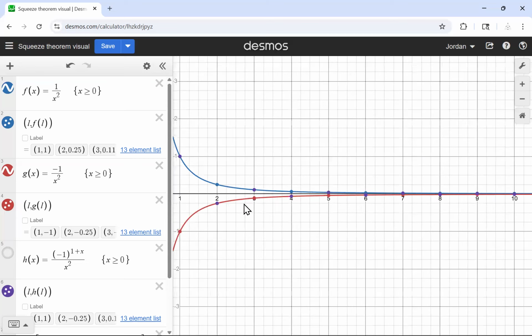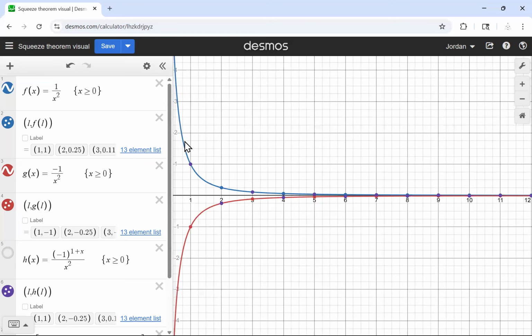And so if the limit of one of these sequences goes to 0, then I can apply a negative to it, and the limit of the opposite sequence goes to 0. And then I have my squeeze theorem where all of my points are in between, although they're technically just sitting on one of these two curves.